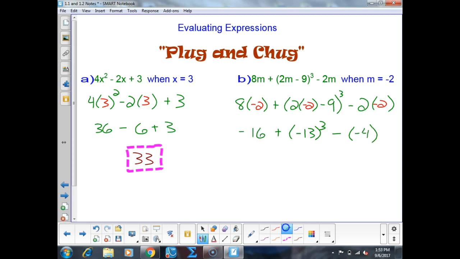Negative 16. So then that's going to be 2,197. So that ends up being 12. So what's that? 2209. Negative 22. Oops, wrong color. 09.